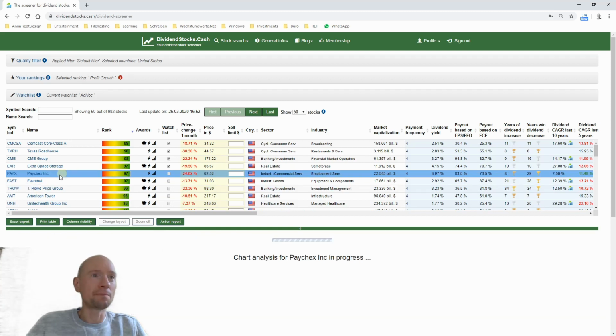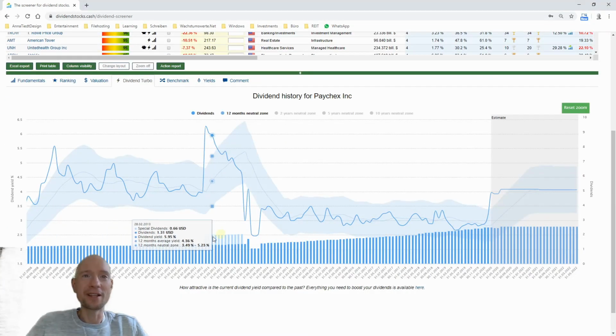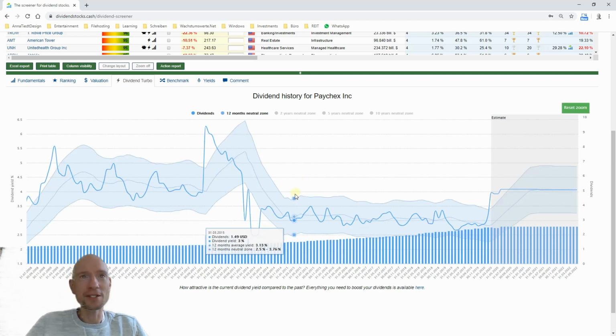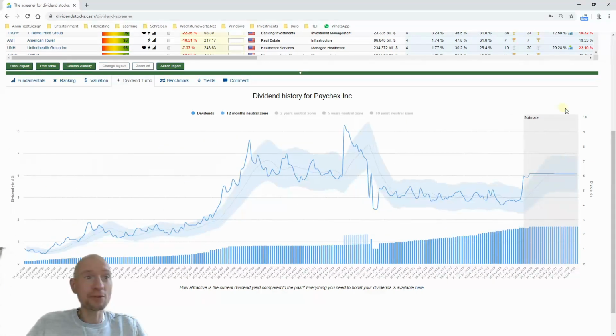Let's have a look at Paychex. I hope they don't pay special dividends as well. They also paid special dividends here, but it's still good enough for us. So here you see the historical dividend yield from the year 2000, and you see that Paychex at the beginning of this millennium paid a very modest dividend yield.